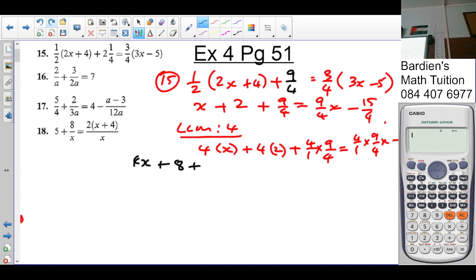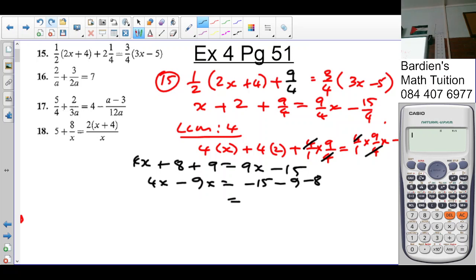Then 4x plus 8 plus 9 equals 9x minus 15. It's correct. 4x minus 9x equals negative 15 minus 9 minus 8. Negative 5x minus 33.